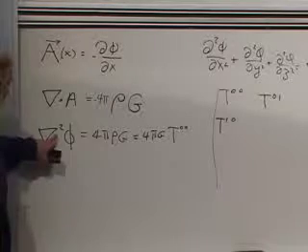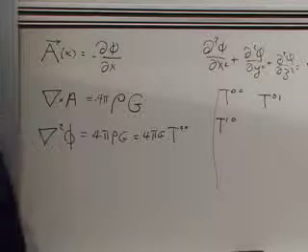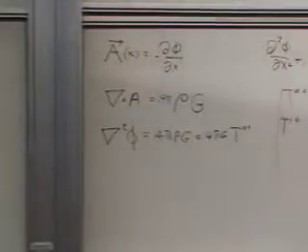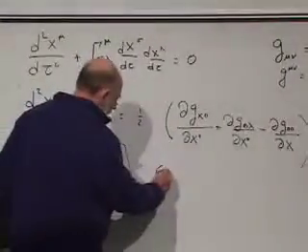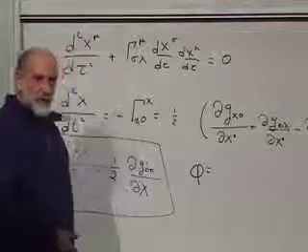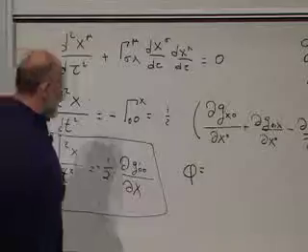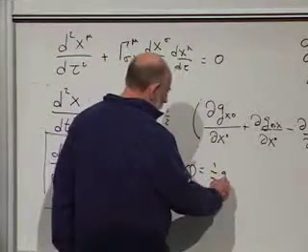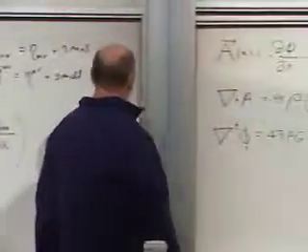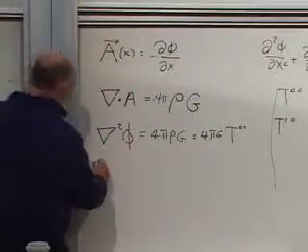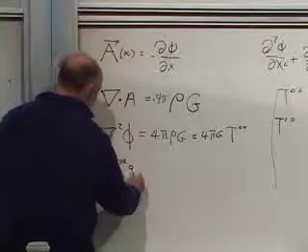But what is on the left-hand side? On the left-hand side is the second derivative of phi, which is closely related to the second derivative of g naught naught. Remember, what was the connection now? Phi is equal to either 1/2 g naught naught or twice g naught naught. Which way was it? Phi is equal to 1/2 g naught naught. So on the left-hand side, I can write that this is 1/2 del squared, second derivative of g naught naught.